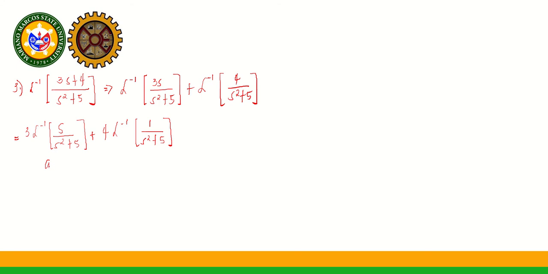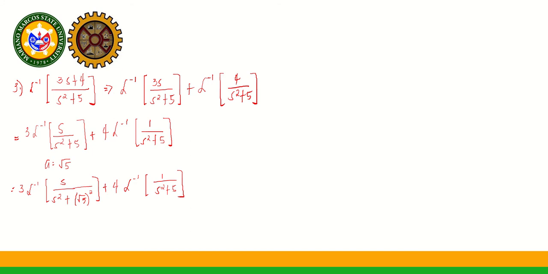So, we can have a is equal to square root of 5 para pag in-square mo siya, magiging equal to 5. Okay? So, we can do that. So, this will be equal to 3 inverse Laplace of s over s squared plus square root of 5 quantity squared. Okay? And this is equal to 4 inverse Laplace of 1 over s squared plus 5.